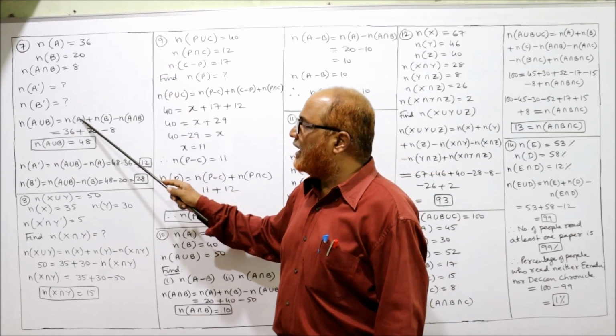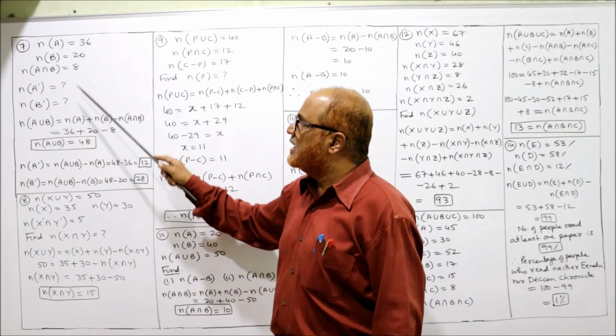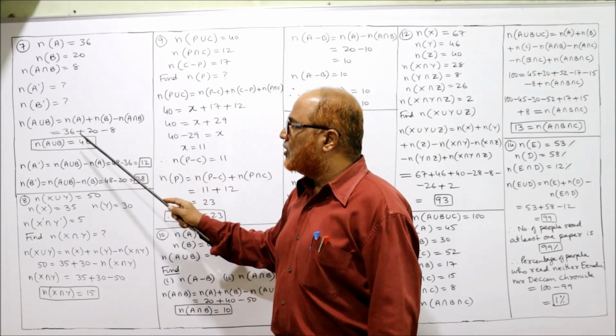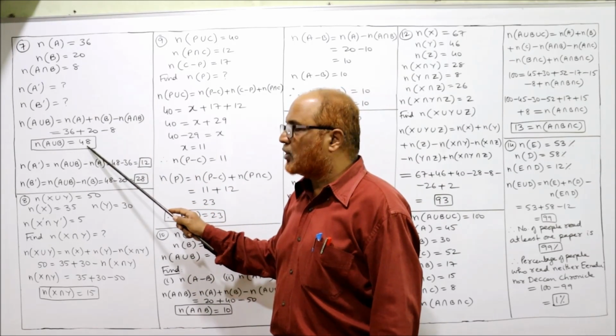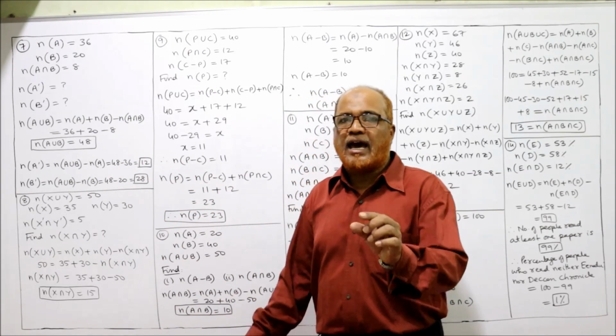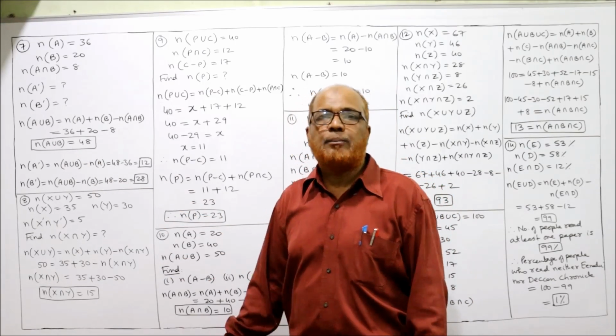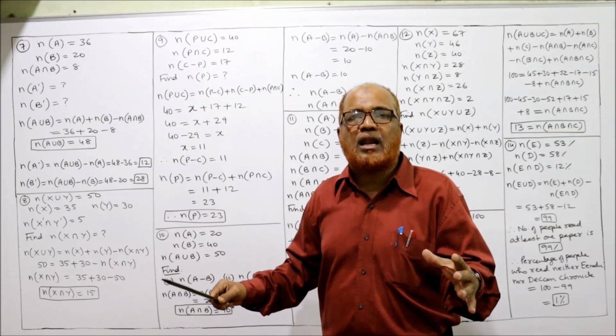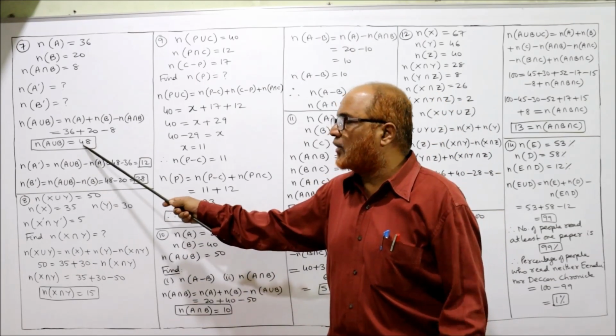Now we are given the value of n(A). How much is n(A)? 36. n(B) 20. And n(A intersection B) 8. So 36 plus 20 minus 8, 48. So what we got is n(A union B), A union B. That means all the elements combined together of A and B are 48.